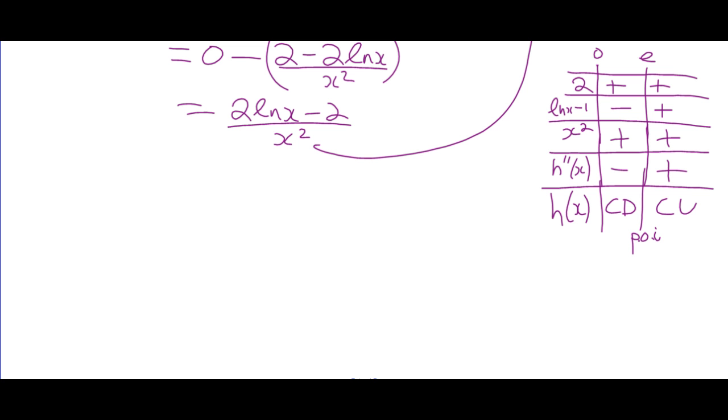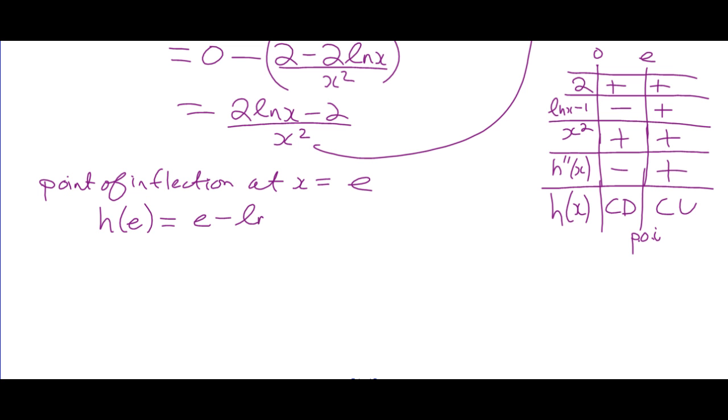Okay, so we have a point of inflection at x equals e. So h of e is e minus ln e, or e minus 1. So the point of inflection is at e and e minus 1.